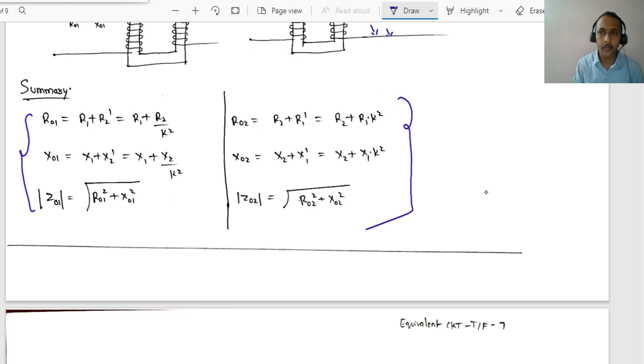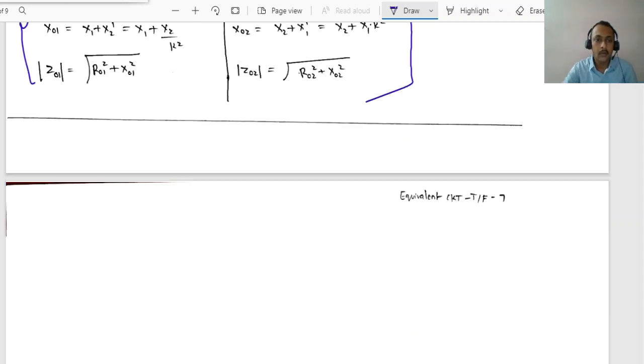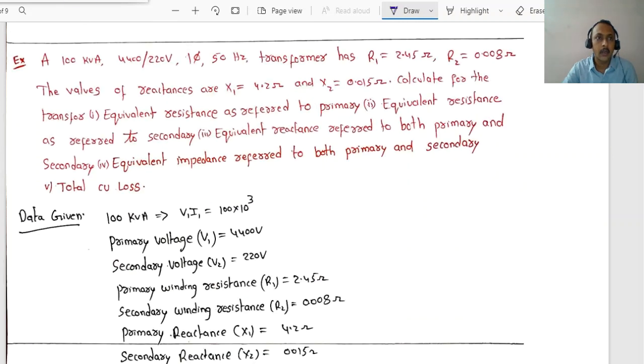R01, equivalent resistance referred to primary, is R1 plus R2 dash, that is R1 plus R2 by K square. R02 is R2 plus R1 dash, nothing but R2 plus R1 into K square. Clear? Now we will see one example problem so that you will understand.